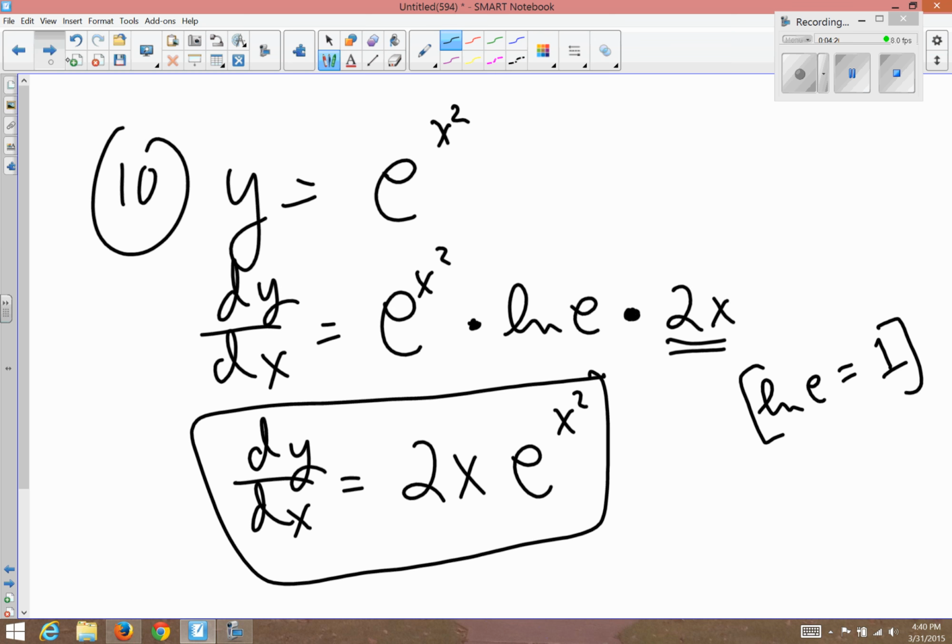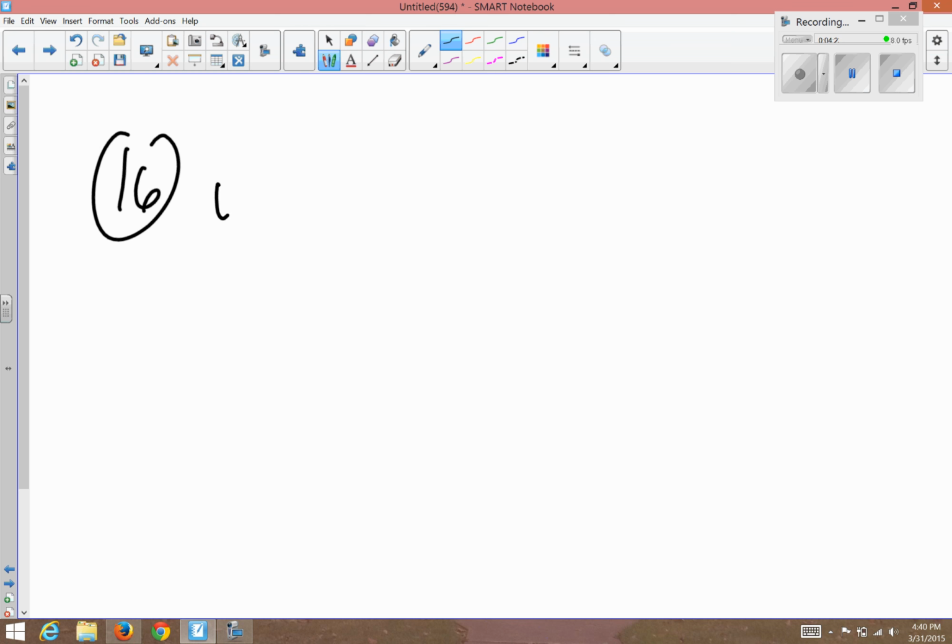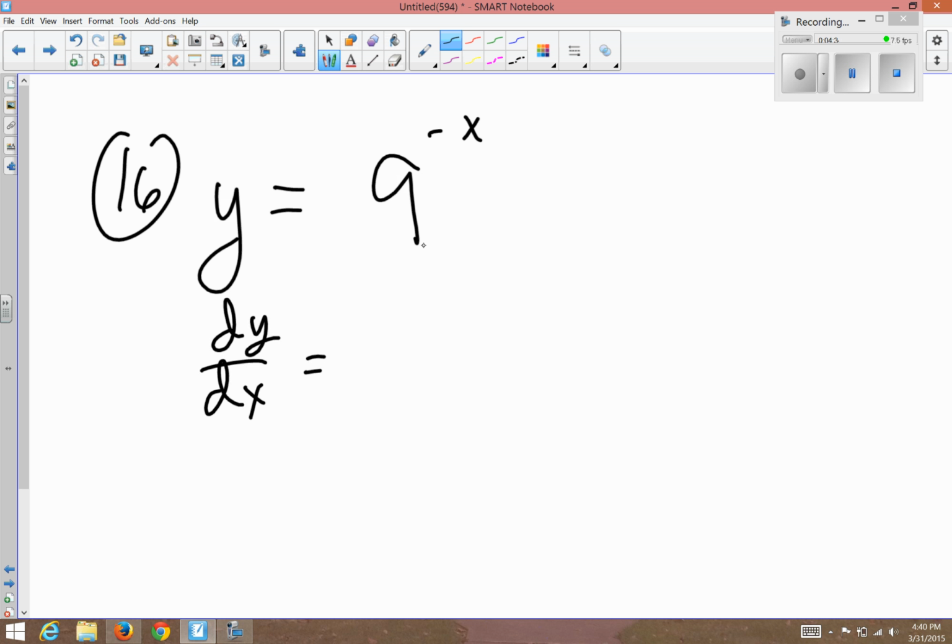Number 16. Y equals 9, that's a number, raised to the negative x. When a number is raised to a function of x, the derivative is that exact same thing, times the natural log of the number, 9 in this case, times the derivative of the exponent. The derivative of negative 1x is negative 1.